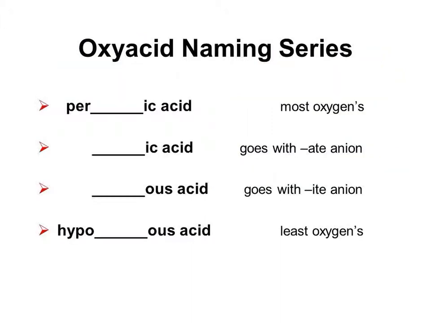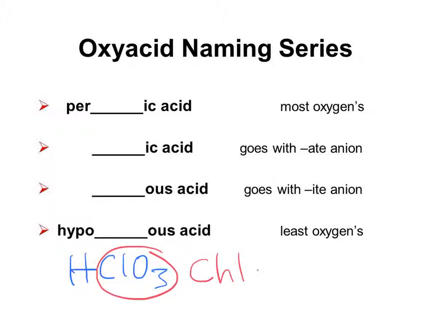So what does that look like in a series? Okay, so let's start with chloric acid. All right, so chloric acid would have the formula HClO3. What you need to know is that this polyatomic ion is called chlorate. All right, so I would have chloric acid.